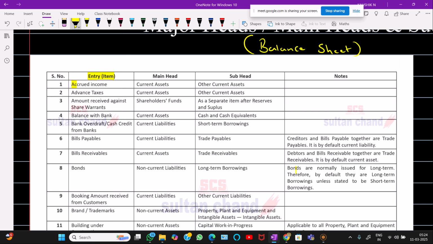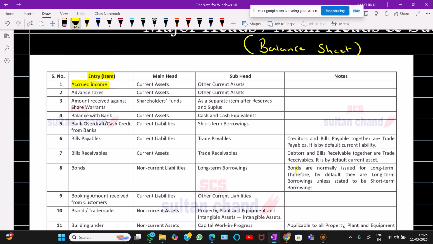The first item is accrued income. Last year you came across prepaid expenses, then income received in advance, outstanding expenses, and then accrued income.